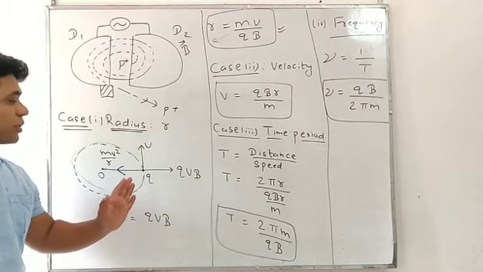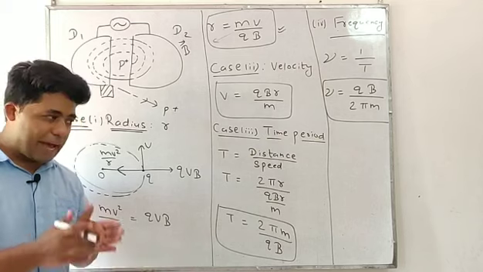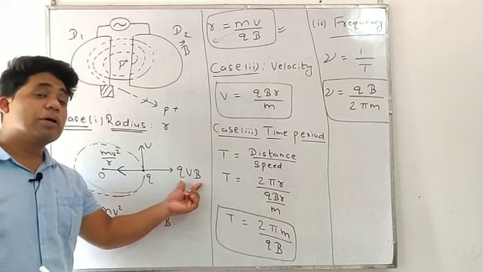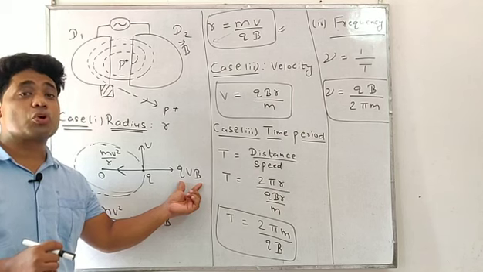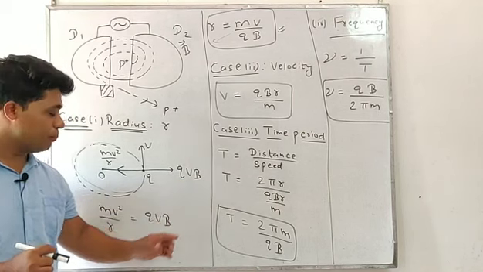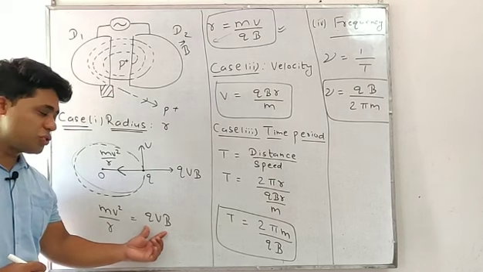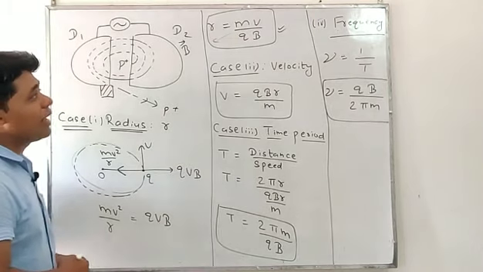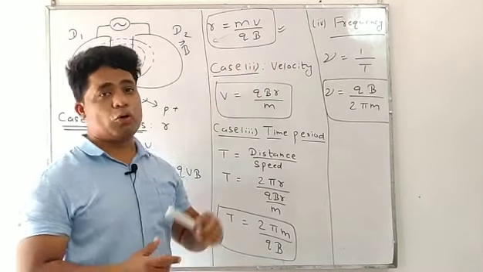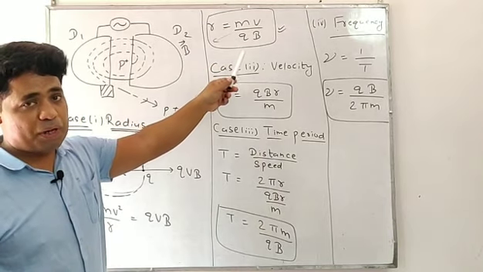The other force works away from the center, called the centrifugal force, here qvB, the force on a charged particle in a magnetic field. On balancing, centripetal force equals centrifugal force. v cancels with v and we get radius r = mv by qB. This is the radius of a charged particle in a cyclotron.